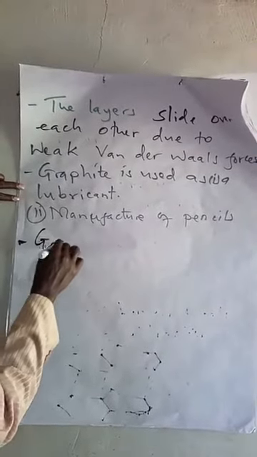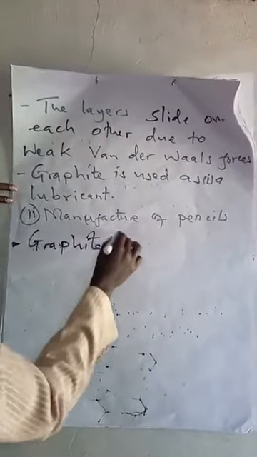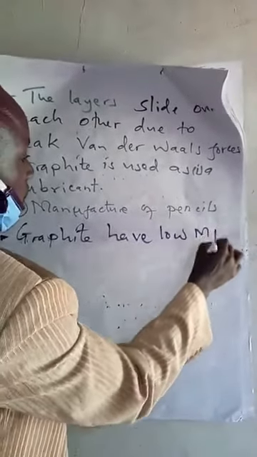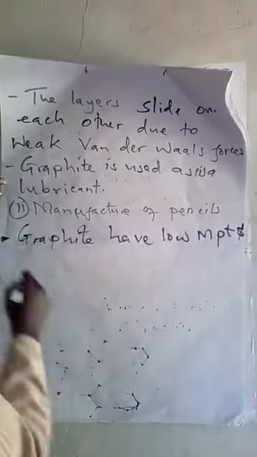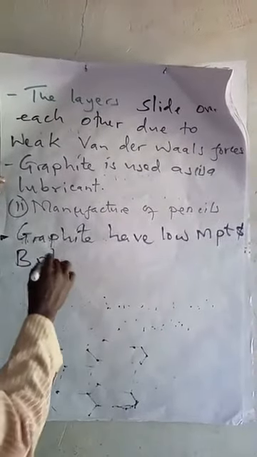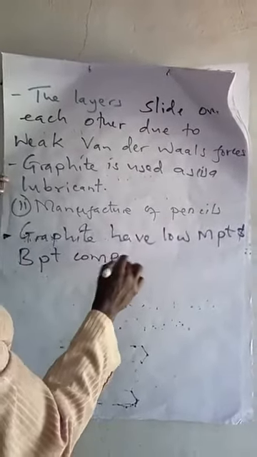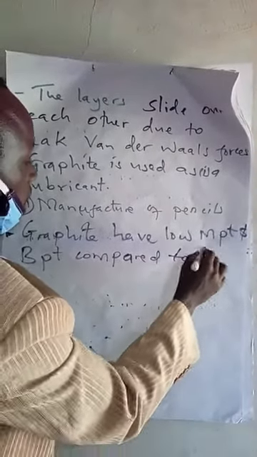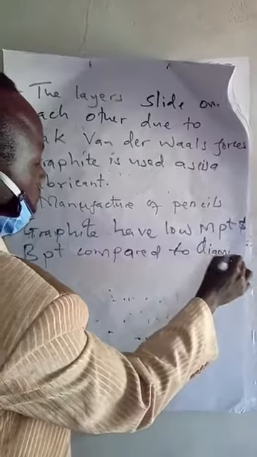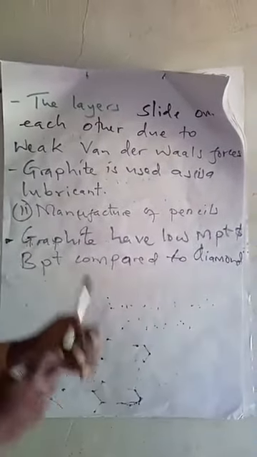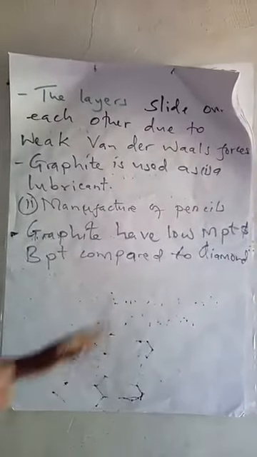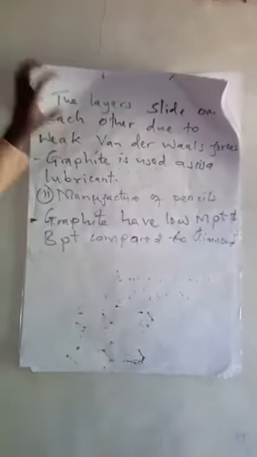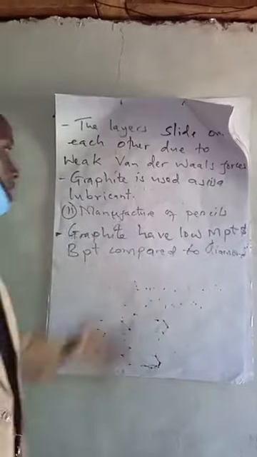Graphite has low melting and boiling points compared to diamond. The reason is because of the presence of weak van der Waals forces of attraction.